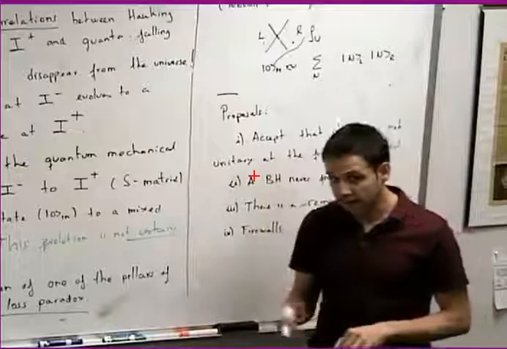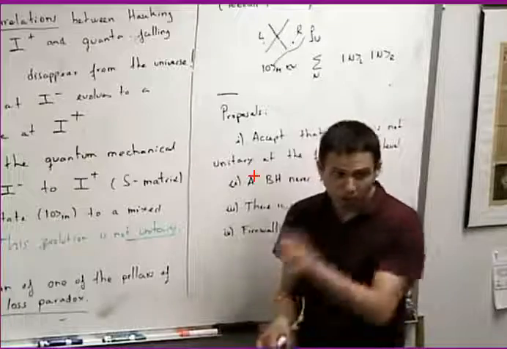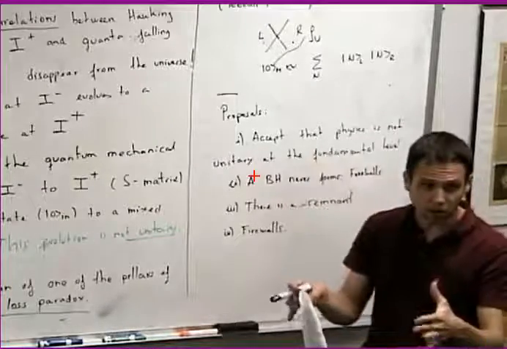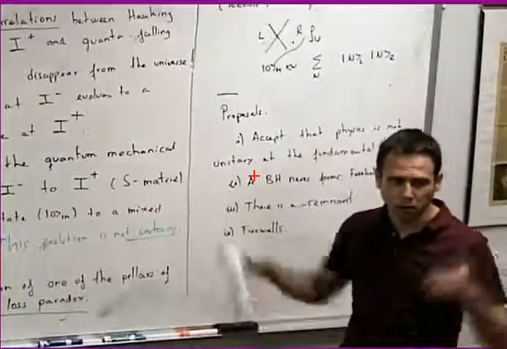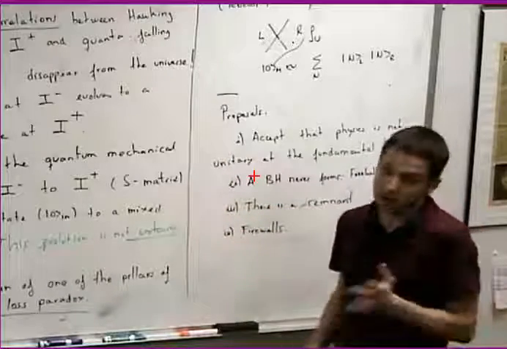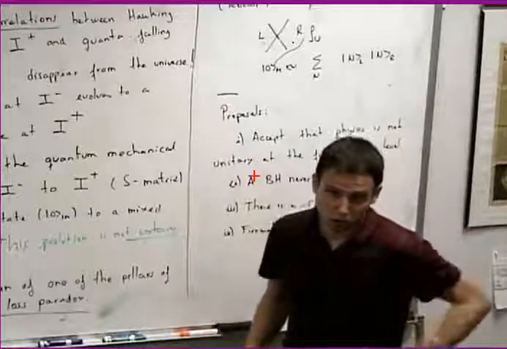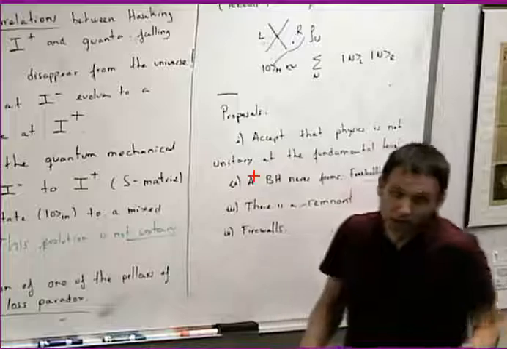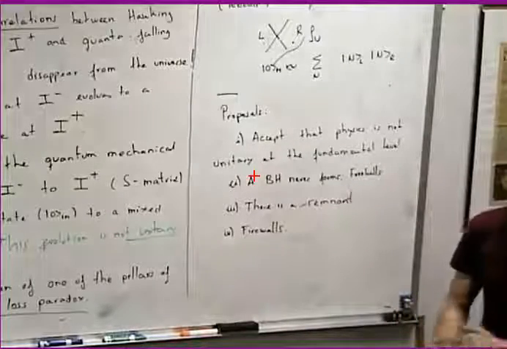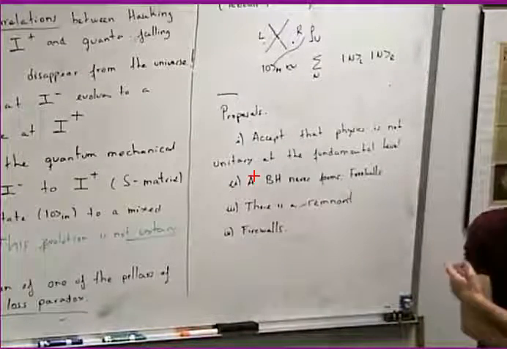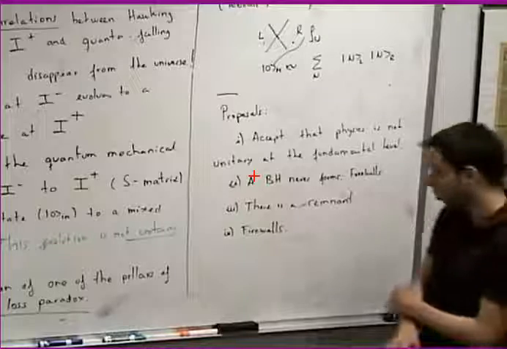Maldacena made the conjecture that gravity inside anti-de Sitter is dual to a conformal field theory on the boundary. That is an extremely important conjecture, and it seems to be quite true, even though there is no rigorous proof. But all indications are in strong support of that.